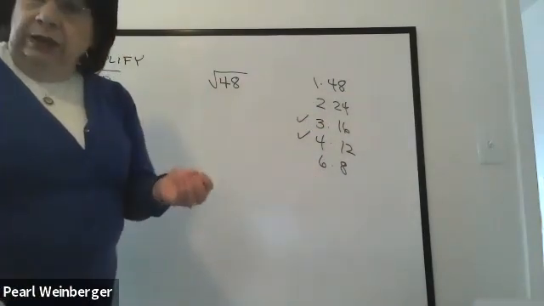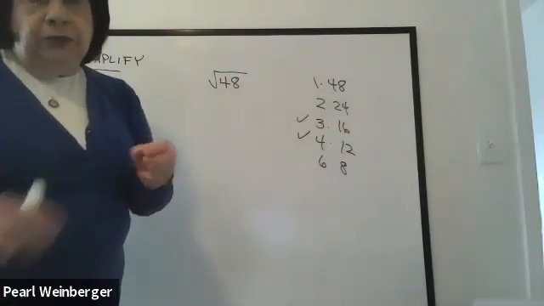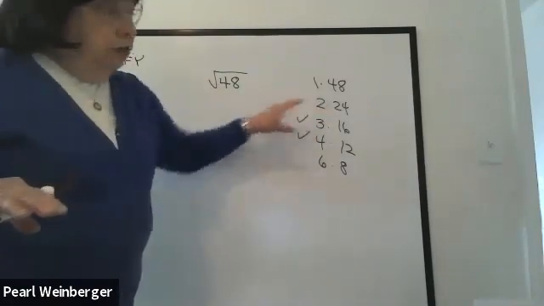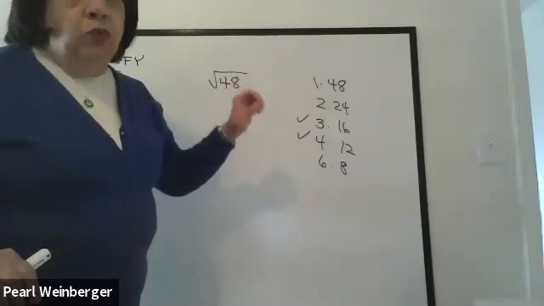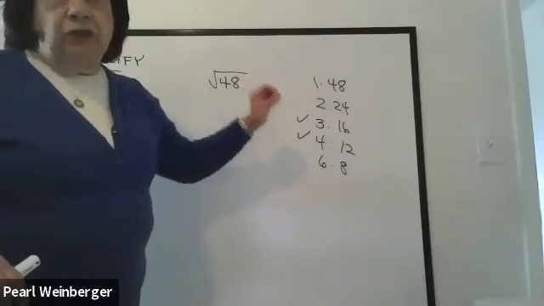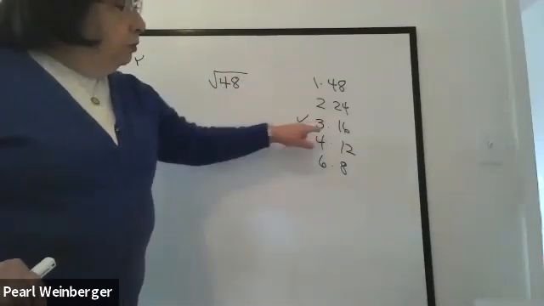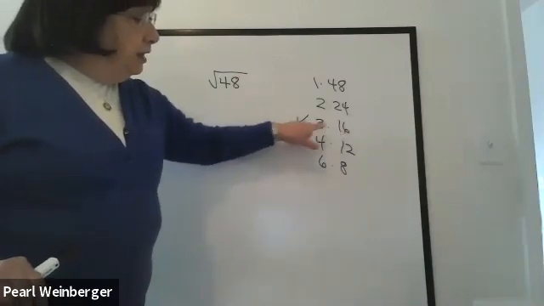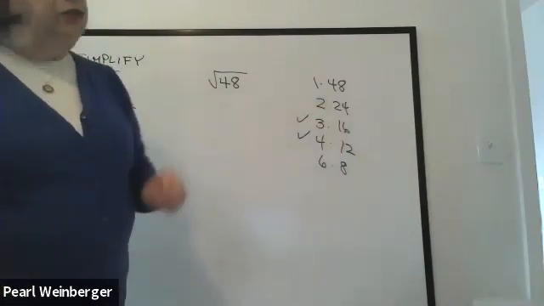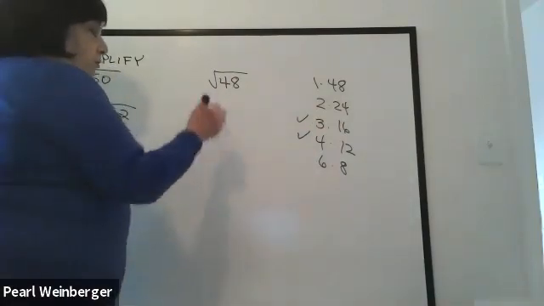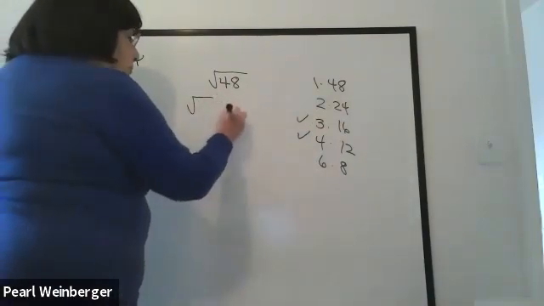So the rule is, if you can do 2 types of breaking up, pick the one that has the perfect square that's bigger. In other words, since 3 times 16 has a perfect square of 16, that's bigger, that's what we're going to break this 48 into. So here are my 2 radicals.